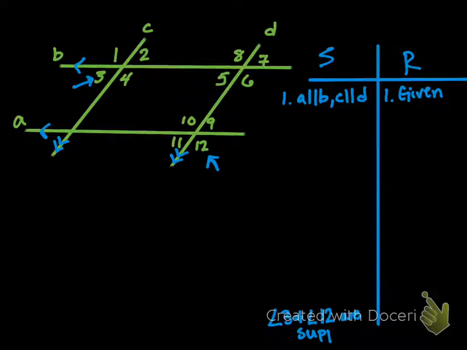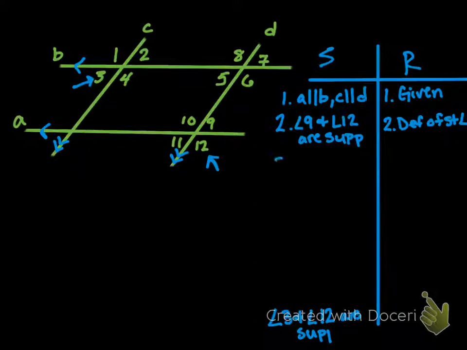So the first step I'm going to write, I guess this is the second step, angle 9 and angle 12 are supplementary. And our reason for that is our definition of a straight angle. Okay, because this line that 9 and 12 are both on is a straight angle.